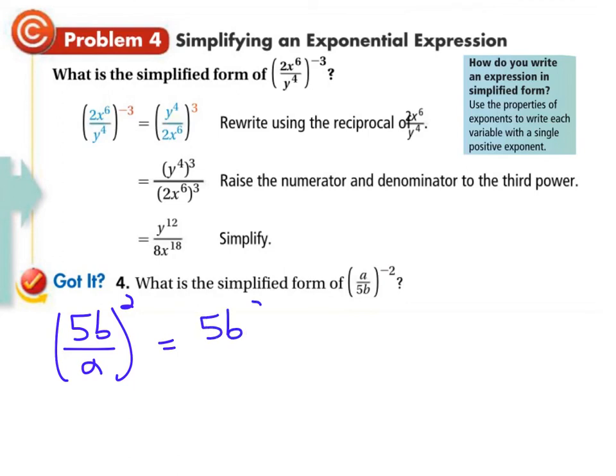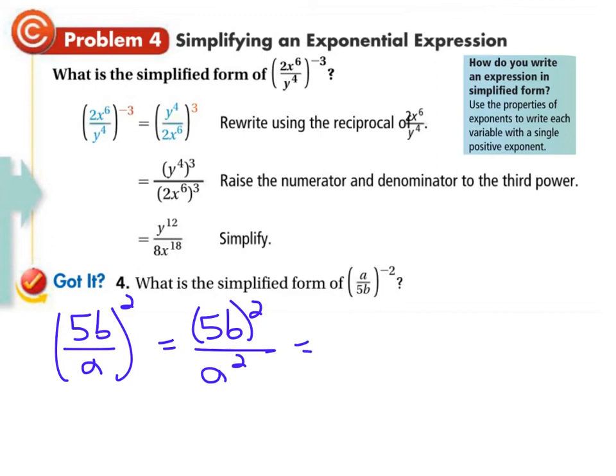You can't write it without parentheses, because what is here is 5b. So what you have to write is this, showing that you're raising that whole part 5b to the second power, not just the b. If you don't put the parentheses, that exponent is only acting on the b, not on the 5 as well. And of course, now we have to take that a and give that the second power as well.